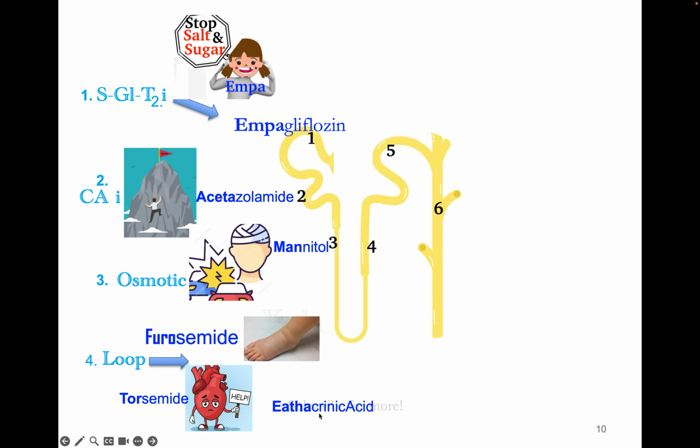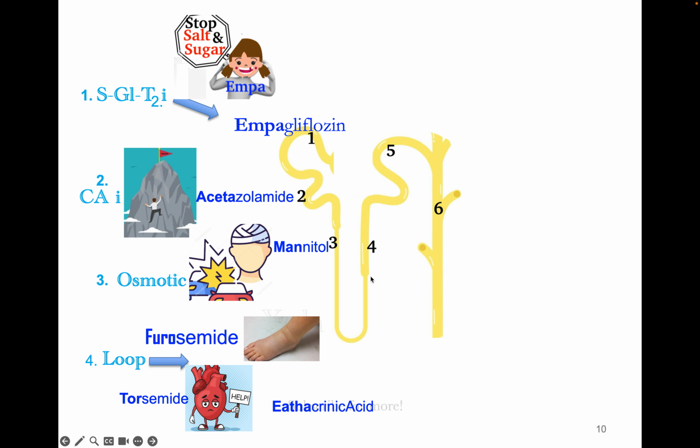Let me tell you the reason. Everything, if you know the mechanism of action, that's it. Mechanism of action of loop diuretics, what is it? It will block the sodium potassium chloride co-transporter. In the inner ear cochlea, there are hair cells. These sensitive cells also have exactly the same sodium potassium chloride transporters.